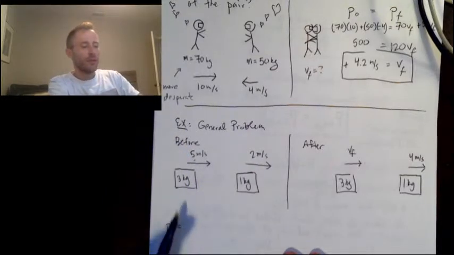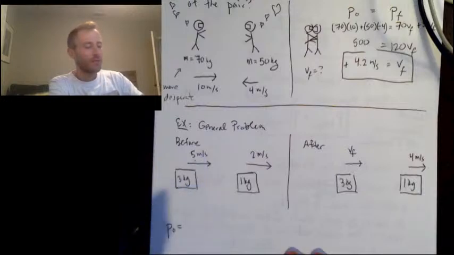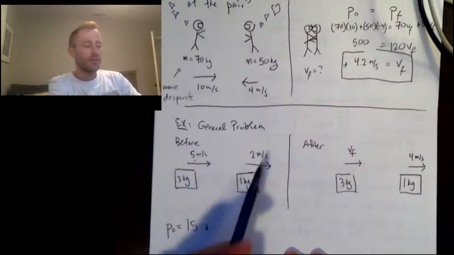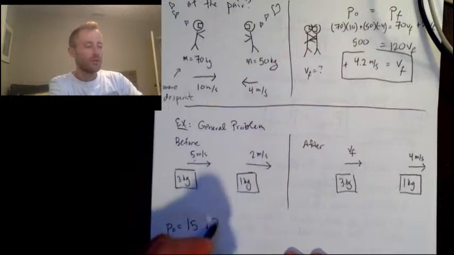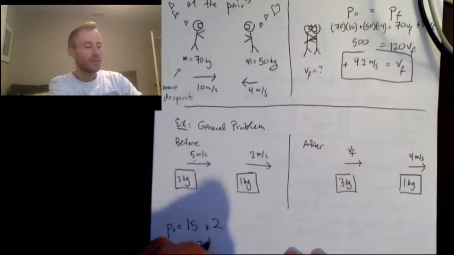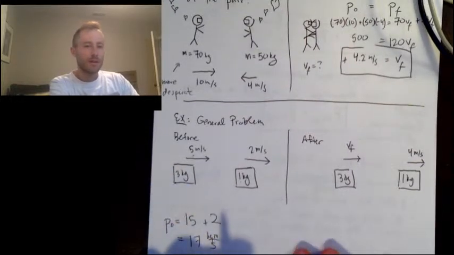Okay? So the initial momentum is going to be m times v, so 3 times 5, 15, plus m times v, so 1 times 2, 2. So the initial momentum is 17 kilogram meters per second. All right.